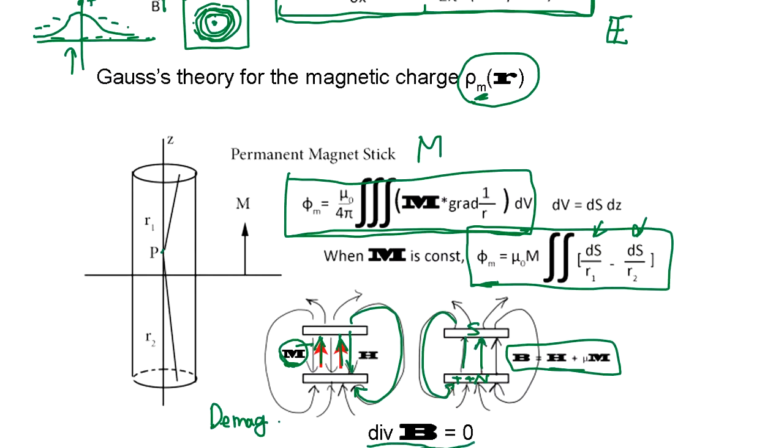So there's no true charge in the magnetic world. That's why this is zero all the time. So for the magnetic field, divergence B is zero. So that's what the Gauss law is about.